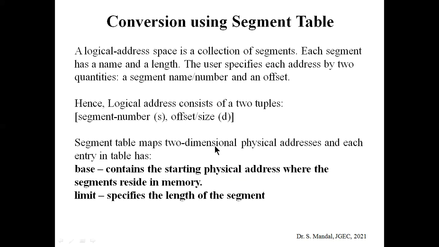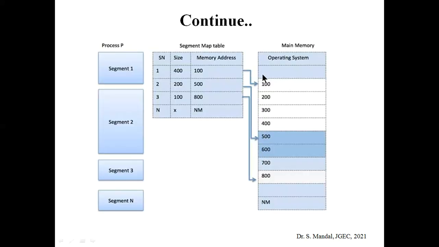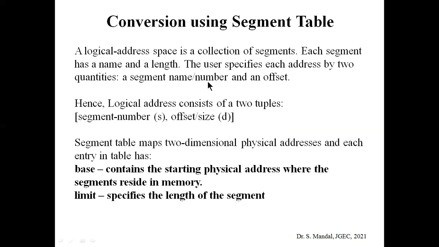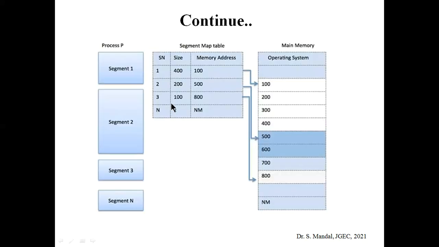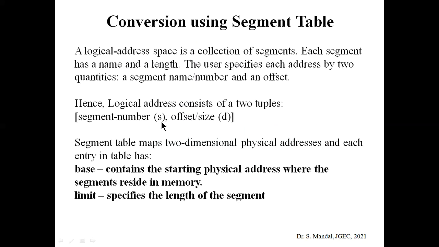From the earlier slide, this 100 is the starting memory address. And limit specifies the limit of the segment, or the size or length of the segment. From the earlier slides, 400 is the size of the respective segment, which is nothing but the limit.